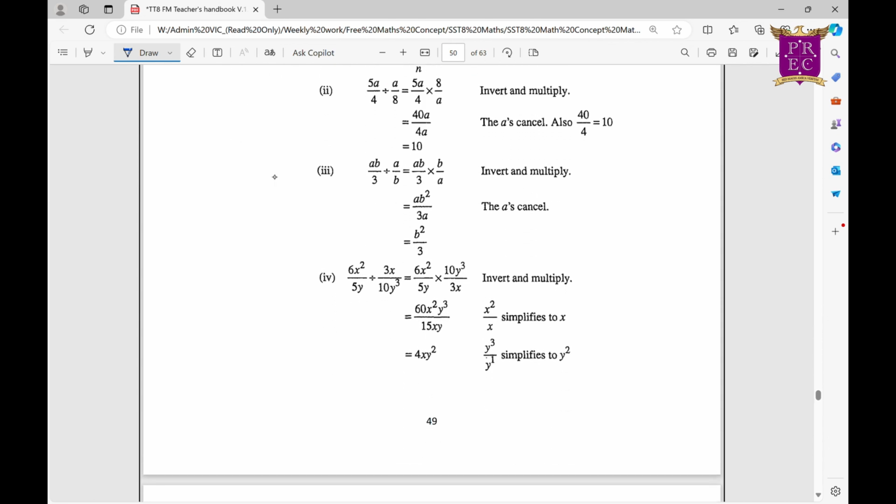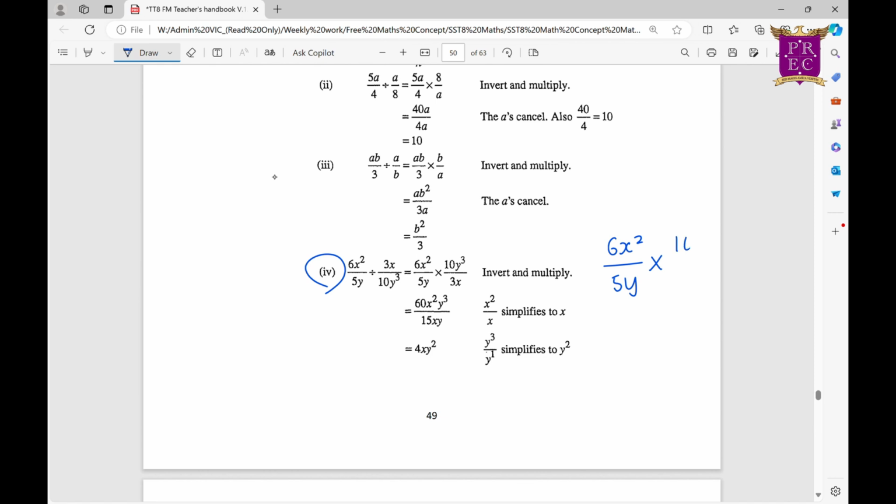So this is probably the most challenging example. First we'll have to write out the first fraction as normal, and then change the sign to a times, and then we invert that, so that becomes 10y cubed over 3x, and then we can just multiply together.